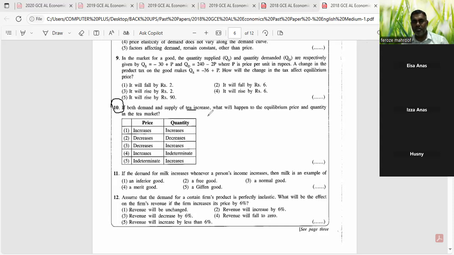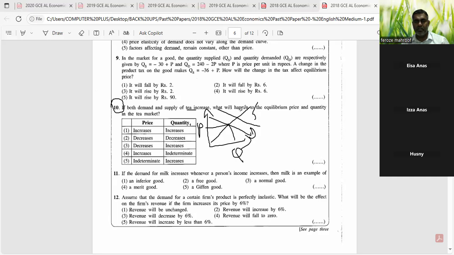They say demand and supply increase, but whether they are equally increasing or not is not mentioned. Look, for example, the demand curve, the supply curve, price, quantity. Demand is increasing, D1.